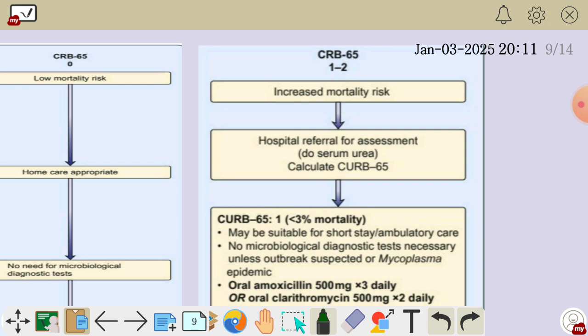If we have an epidemic of mycoplasma, then we can do the microbiological diagnostic tests. But if there is no epidemic and an outbreak is not suspected, then there is no need for microbiological diagnostic tests.